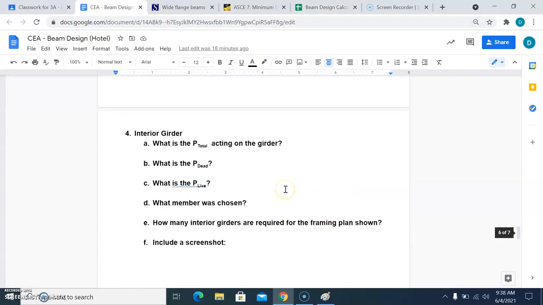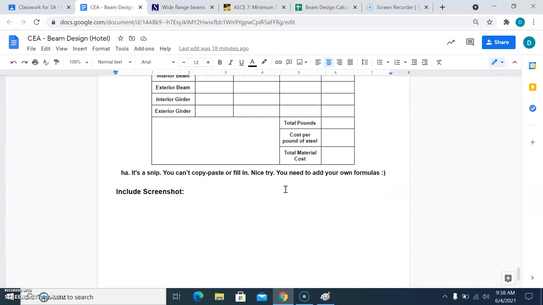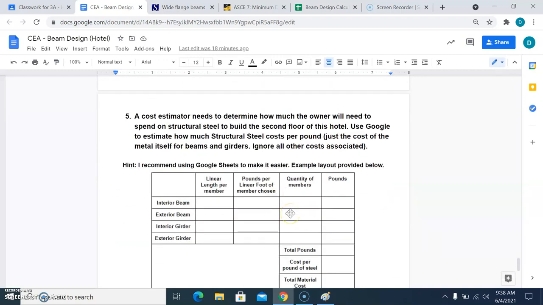The last question was just, hey, how much steel are you buying? How many pounds of steel? This is a standard spreadsheet that you have to create where you have the linear length of the member. So if the beam is 18 feet, you're going to put 18 right here. The pounds per linear foot is a second number. So if it's a 10 by 12 beam, the 10 doesn't really help me right here, but the 12 does.